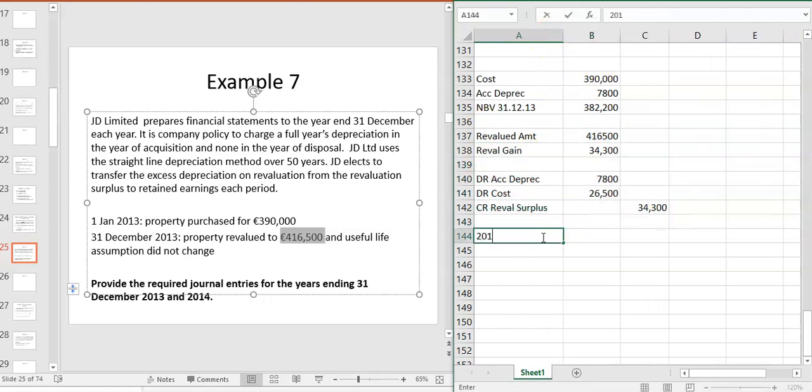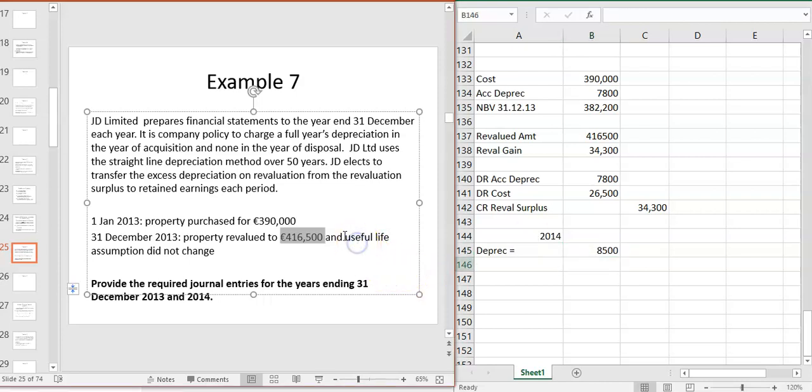In 2014 then, it's a bit trickier. Depreciation now in 2014 is going to be 416,500, careful, divided by 49. Why 49? Because you're told the useful life assumption did not change. So if you assumed it was 50 years when you bought it, it's now 1 year less.